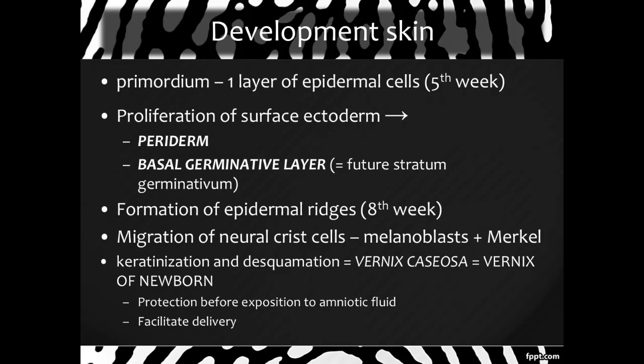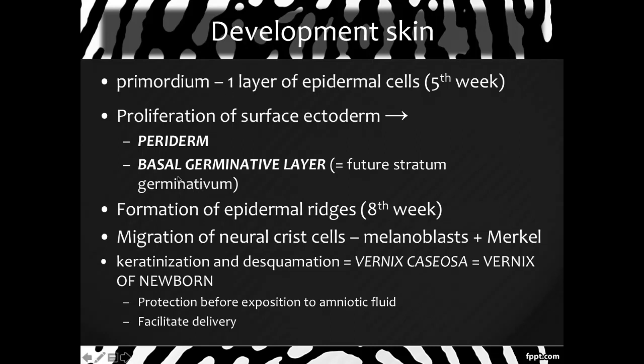Development of skin: the primordium appears about the fifth week. It's just one layer of epidermal cells, which then proliferate, the surface ectoderm proliferates to create two layers, the superficial periderm and the underlying basal germinative layer, which will be the future stratum germinativum.